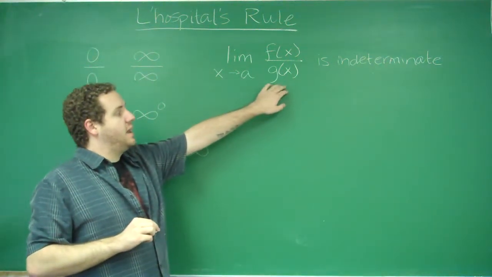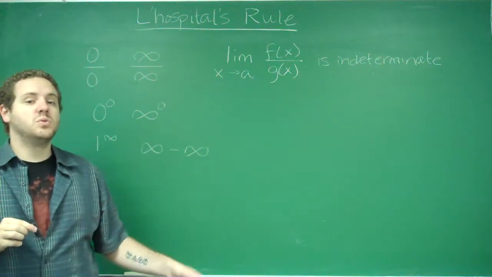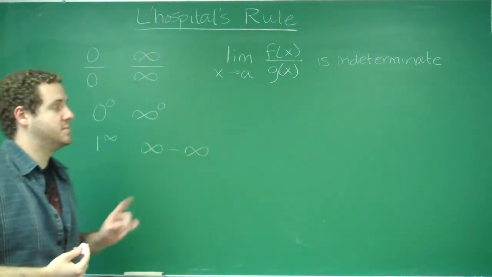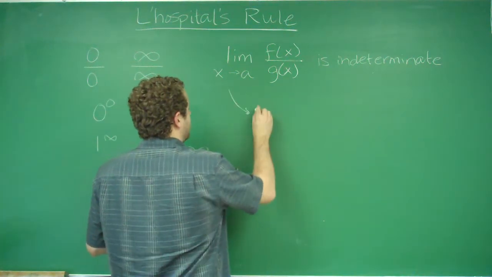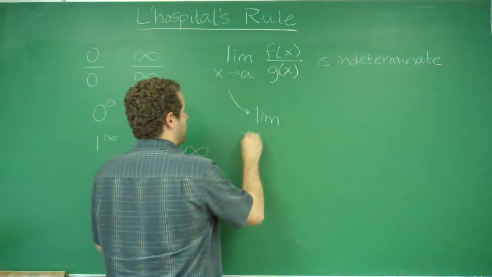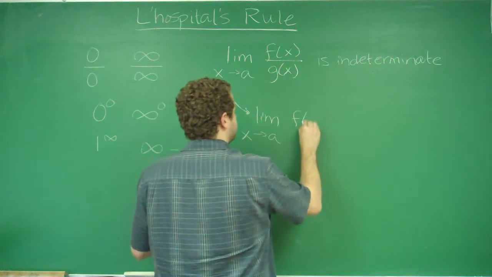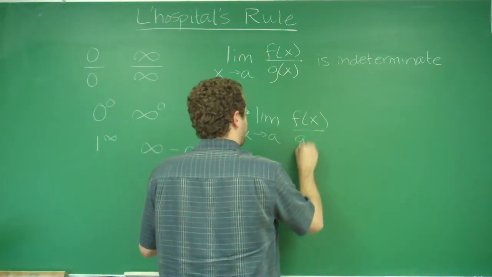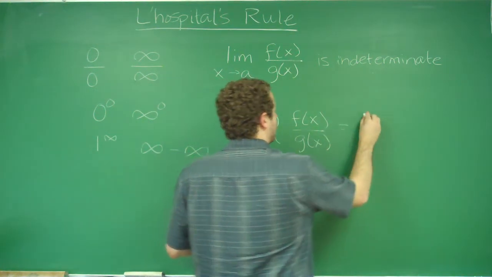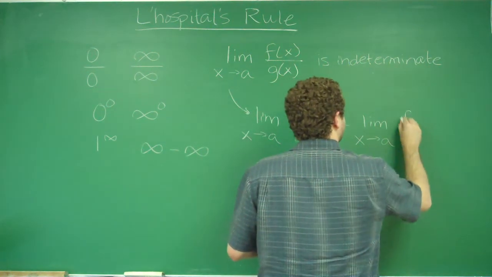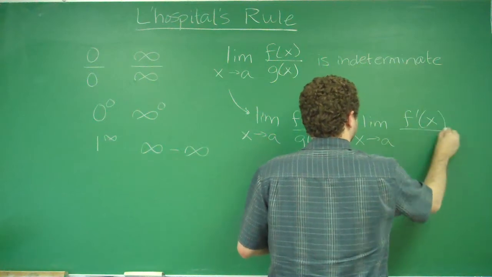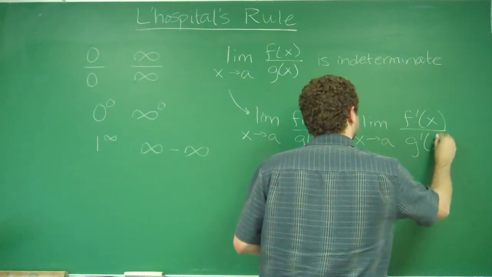If this limit is not indeterminate, doing L'Hopital's rule will get you the incorrect answer. So it has to be an indeterminate form. Then it implies that the limit that you're looking for is equal to the limit as if you had done the derivatives of the top and bottom.